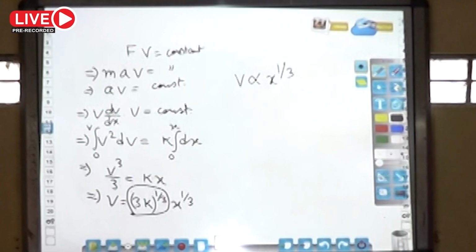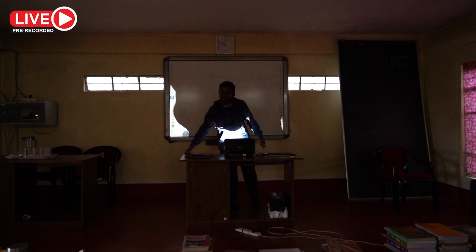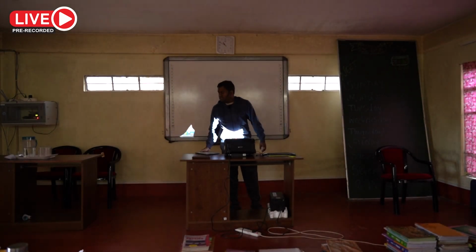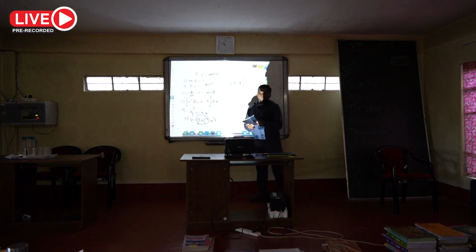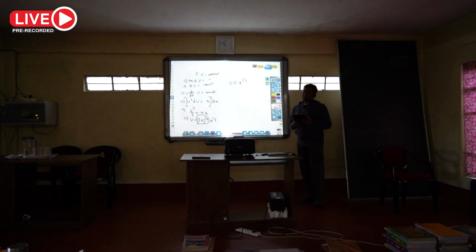Because k is a constant, so 3k to the power 1/3 is also a constant. So the remaining portions are proportional.